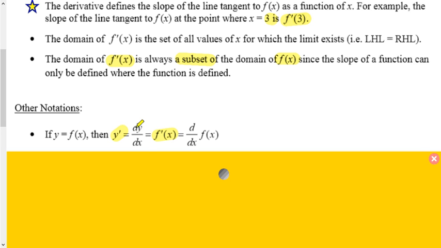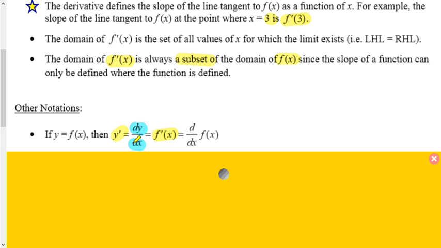But there's also this other notation which looks like dy over dx. For now, don't think of this as a fraction. Think of this as the derivative of y with respect to the variable x. Later on in the course, hopefully we'll talk about how we could break this into pieces and think of it as two parts, but it's not at all helpful for us at this point.